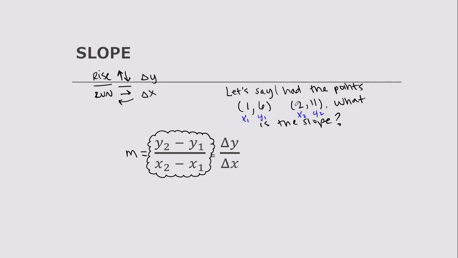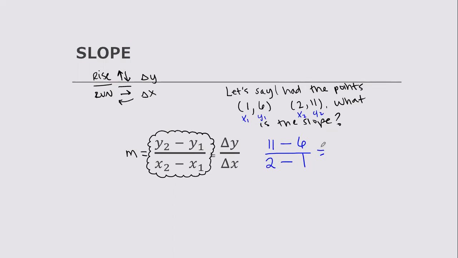And then once I have these labels on here, I use my slope formula. It says y2 minus y1. Well, y2, what did we label y2? 11. So it'd be 11 minus y1, we labeled 6, so 6, over x2, we labeled 2, minus x1 was 1.